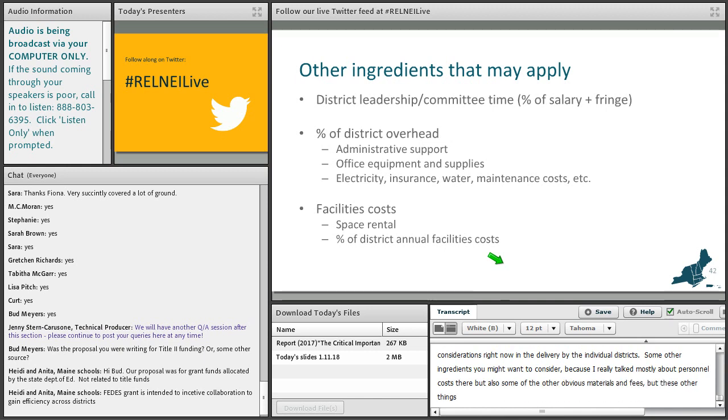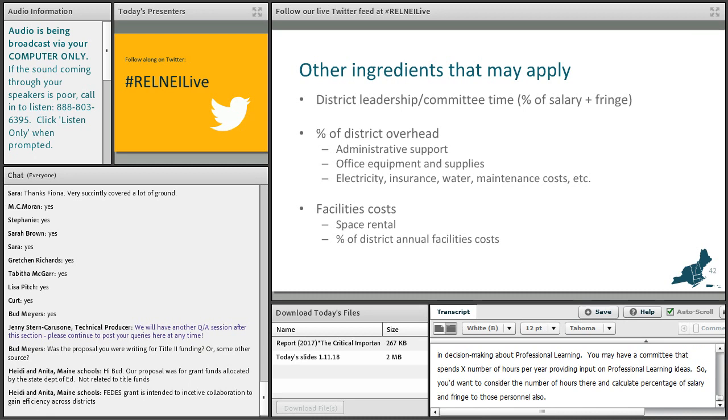But these other things might apply in your situation. So you may have other district leaders involved in decision-making about professional learning. You may have a committee that spends X number of hours per year providing input on professional learning ideas. So you'd want to consider the number of hours there and calculate a percentage of salary and fringe for those personnel also.